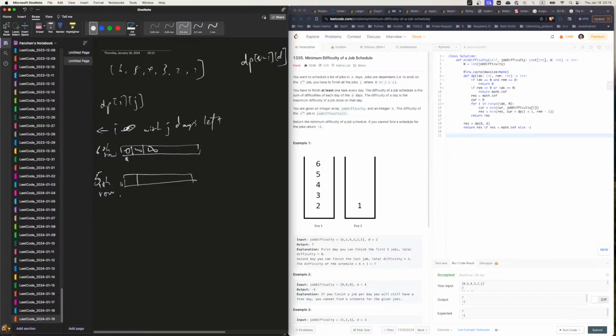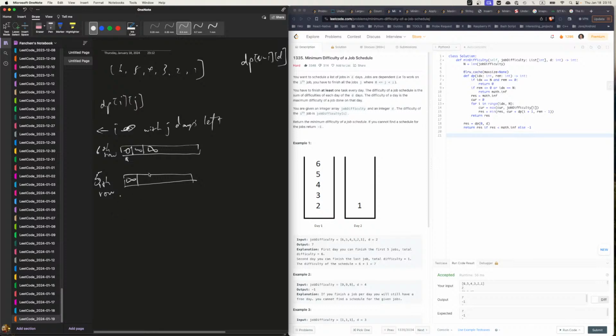Now we go to the 5th row, which is this, okay? If you have 0 days left, you're on this, but still there, that is infinite, right?